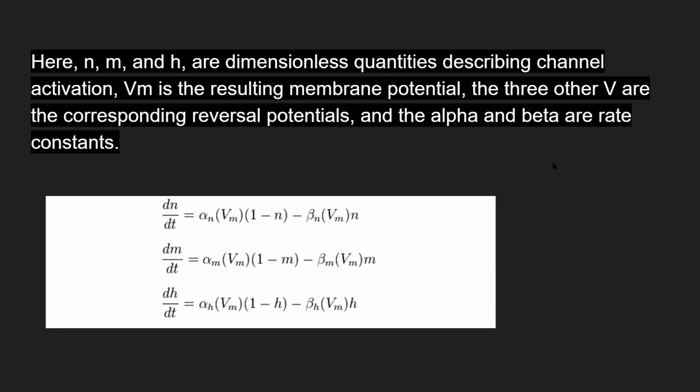The three other V are the corresponding reversal potentials, and the alpha and beta are rate constants. Interesting.